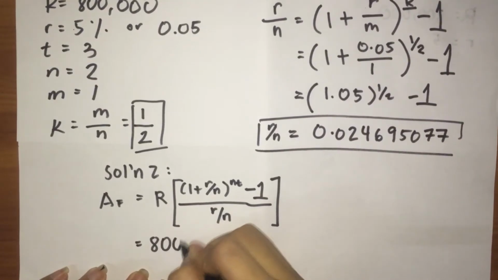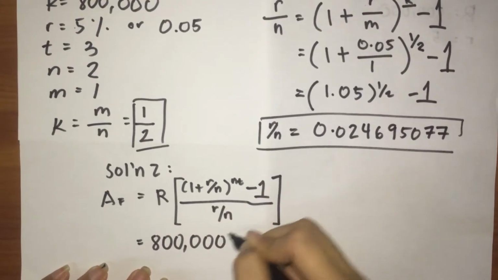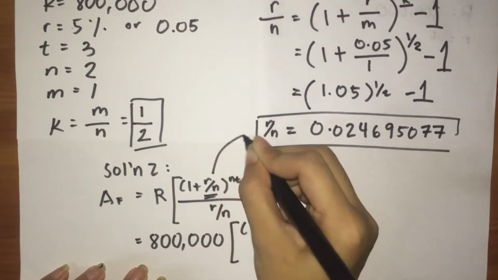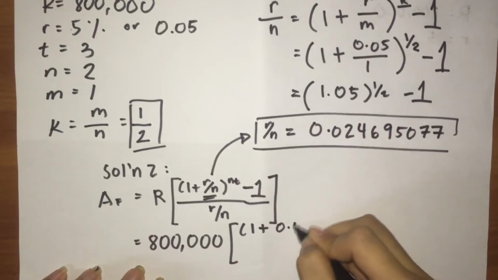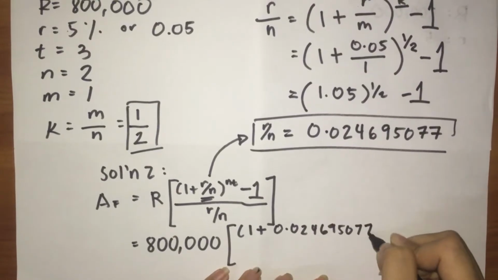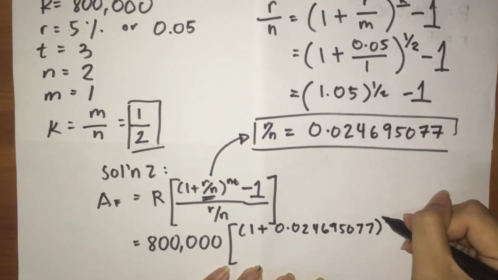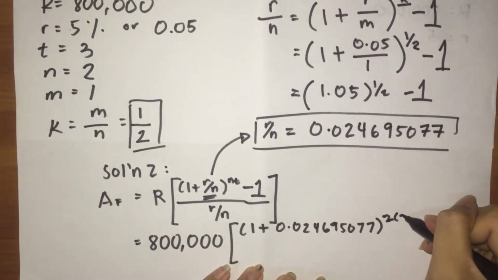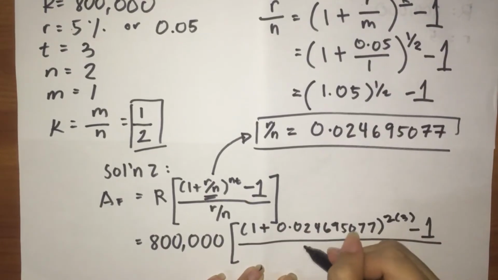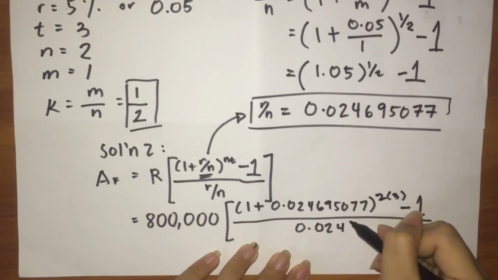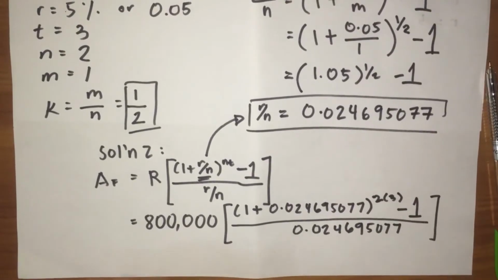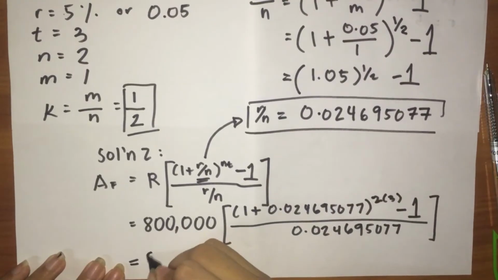So 800,000 times the quantity of 1 plus the answer for r over n, the conversion, 0.024695077 raised to the power of n, which is 2, and times the time, which is 3, minus 1 over the same 0.024695077. So we're going to answer the numerator first.